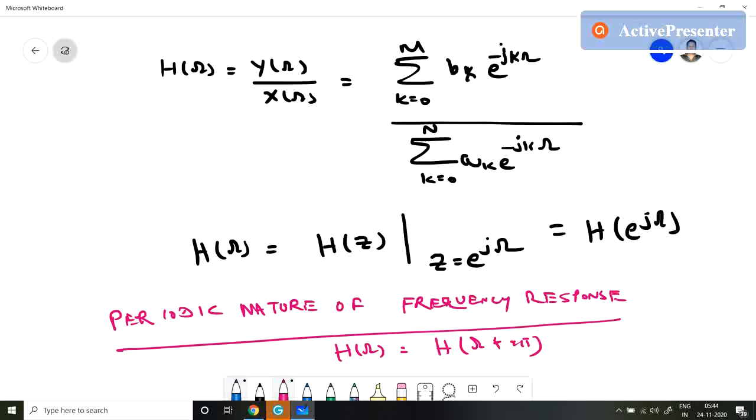Here we need to observe the frequency response of a system over only the frequency range 0 to 2π or -π to π. That's why we have taken this relationship H(Ω) equal to H(Ω + 2π).